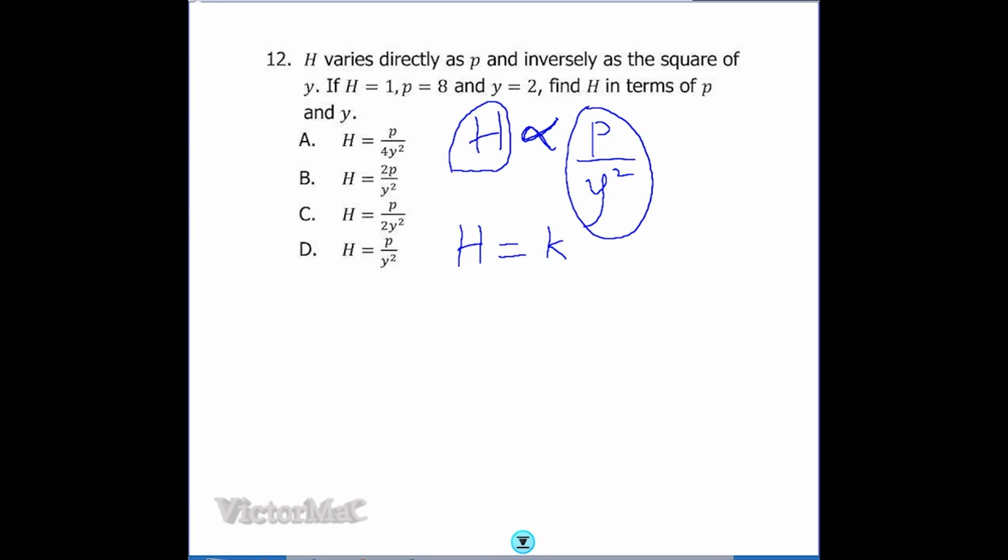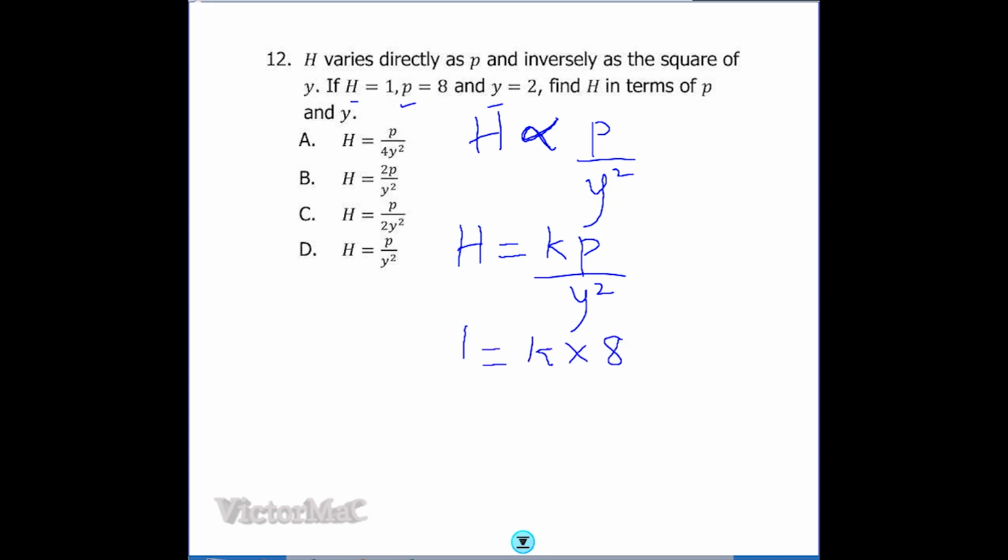When we multiply the k with the p over y squared, we have this on the right hand side. Now we'll be given the values of h, p and y to be 1, 8 and 2 respectively. So h is 1, p is 8, and y is 2. Don't forget our y is squared.